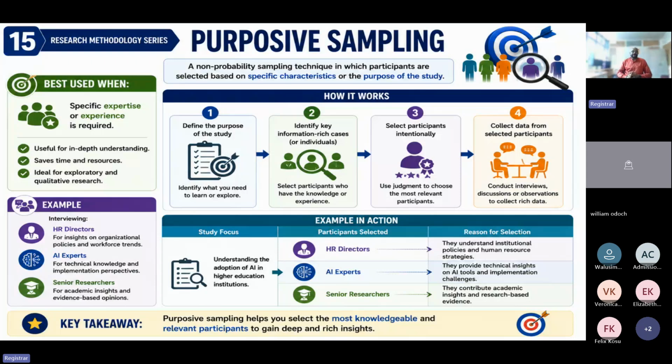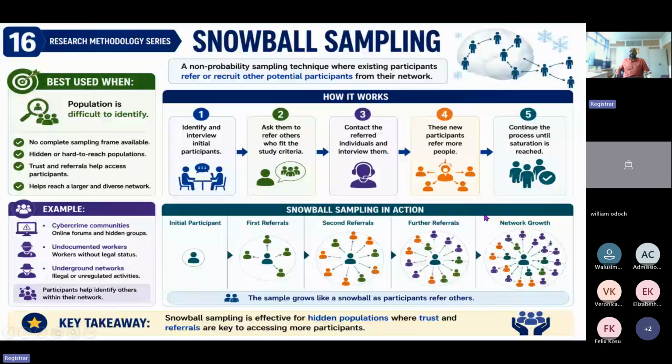So key takeaways from this board. Purposive sampling helps us to get the most manageable, relevant data. This is more important. Now, I'm not going to explain more on snowball sampling.